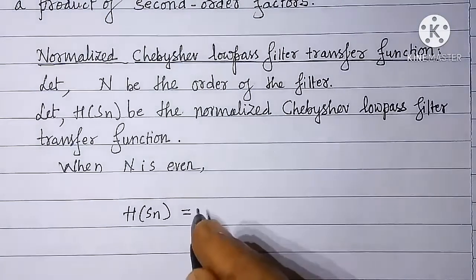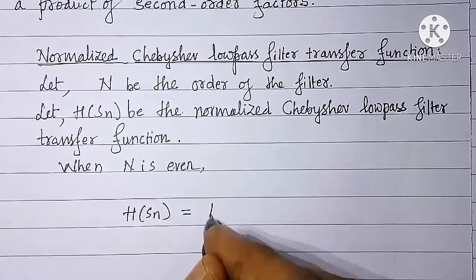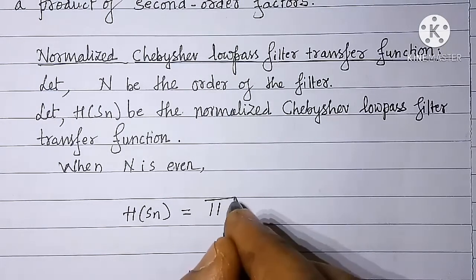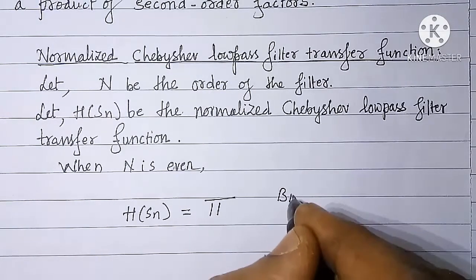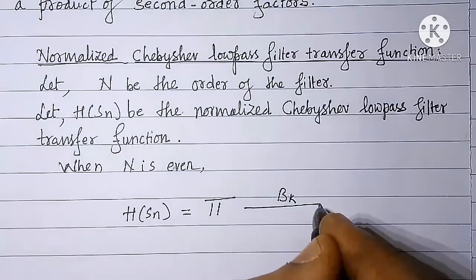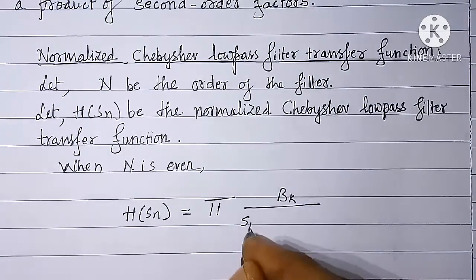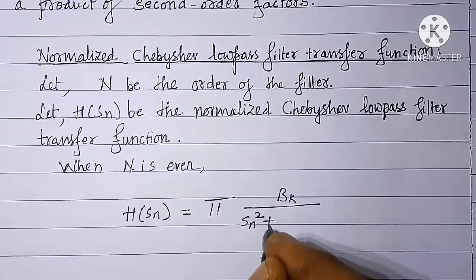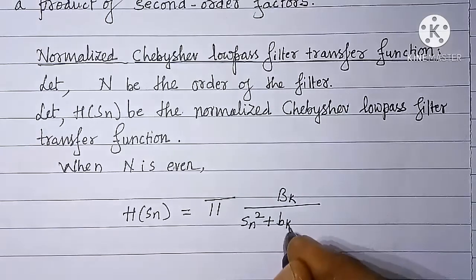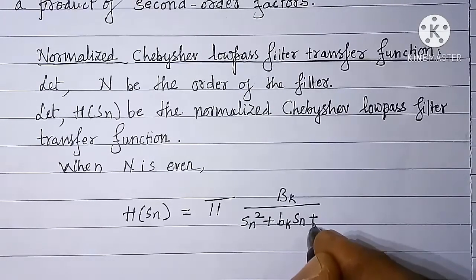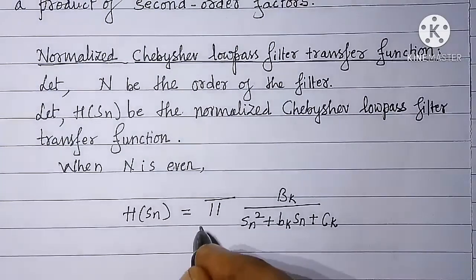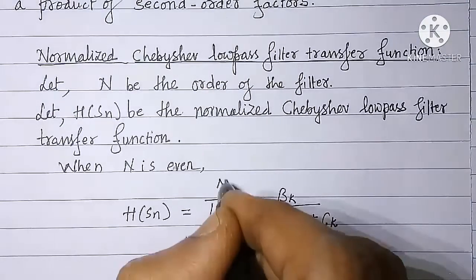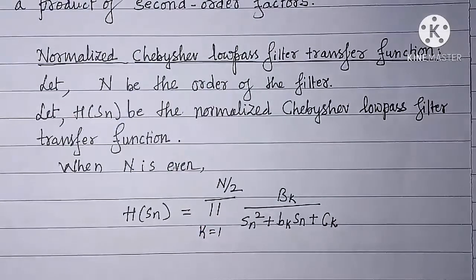H of Sn is given by product of Bk by Sn square plus Bk into Sn plus Ck, for k equal to 1 to n by 2.